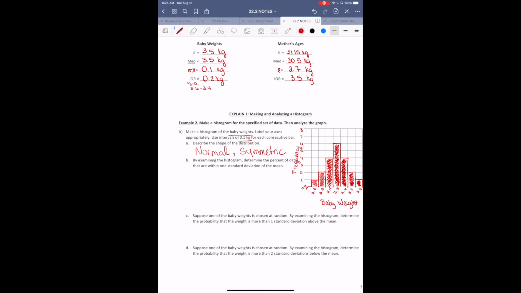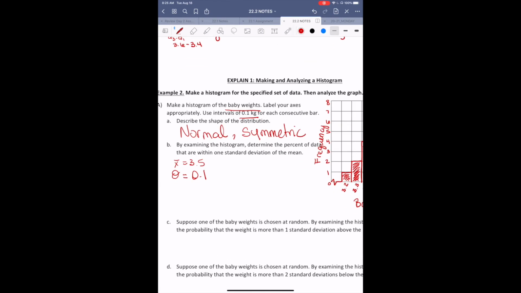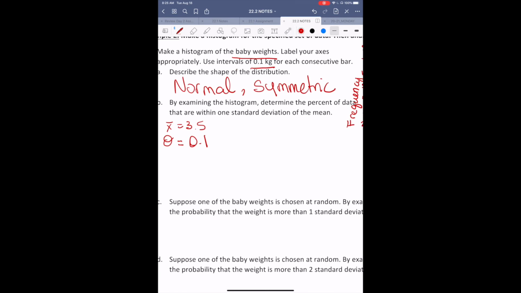So first of all, let me go ahead and copy this down. Our mean is 3.5, and remember I'm grabbing this from up top, and the standard deviation is 0.1. Okay, so this is the information we are going to use.